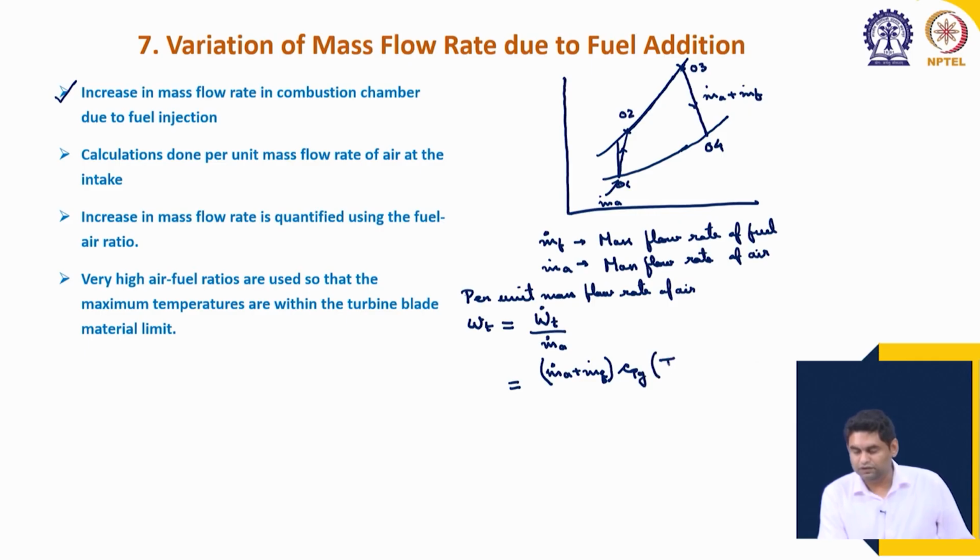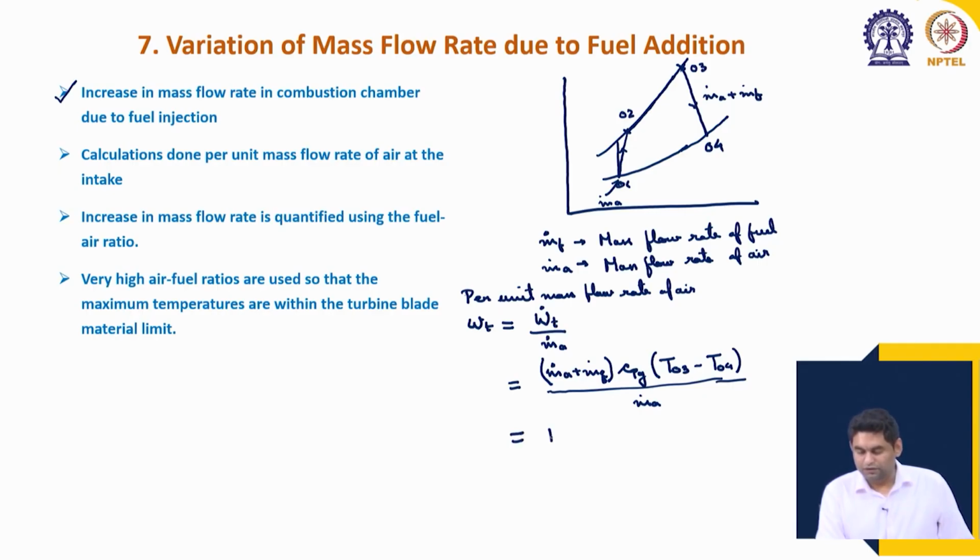In this case the temperature difference is T03 minus T04, divided by m dot A. The numerator, this top part, is equal to the power output of the turbine.